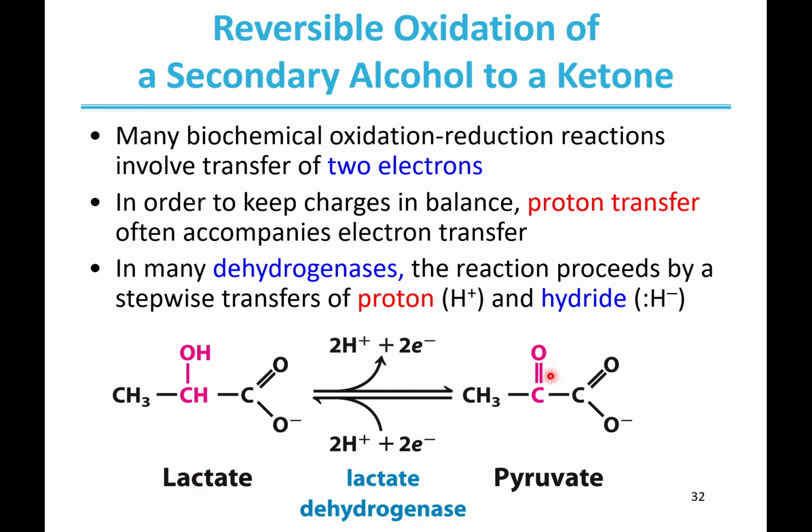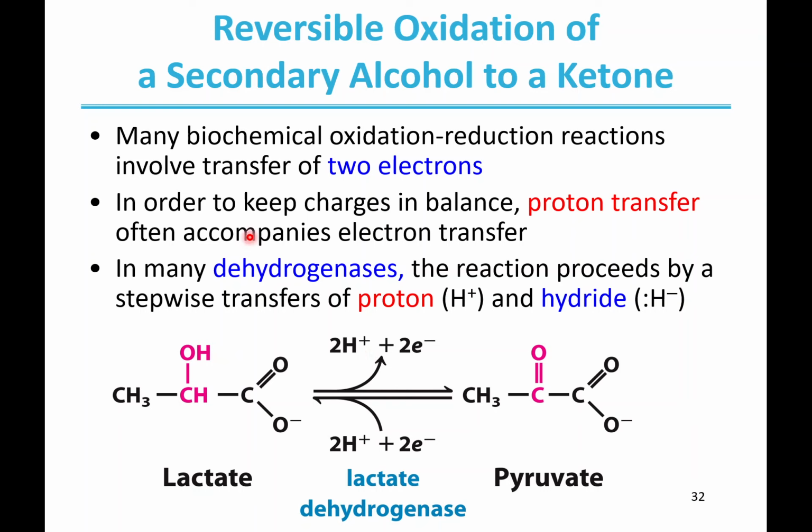When it changes to pyruvate, those electrons, although not necessarily easy to see and follow, have to go somewhere. So you're losing 2 of those electrons. Probably more obvious are the H pluses that you're losing, because those aren't in the structure anymore. Those protons are also being lost to keep the charge balance.